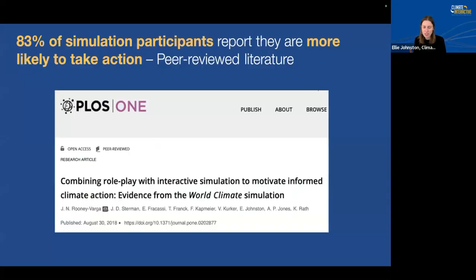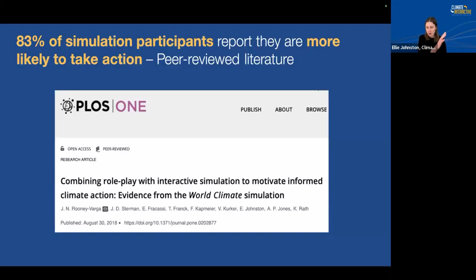So also just to give you some confidence, we are sure that this works because we've researched it. Here's a paper written led by our colleague Juliette Rooney Varga, who's at the University of Massachusetts Lowell. This is from a few years ago, but she studied participants of the World Climate Simulation specifically and found that 83% of the participants reported that they were more likely to take action.